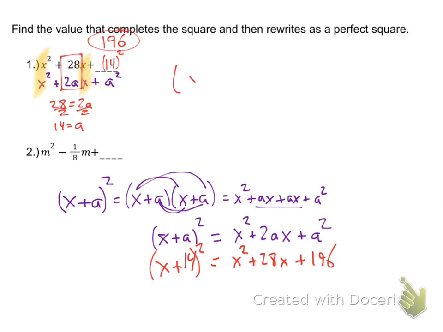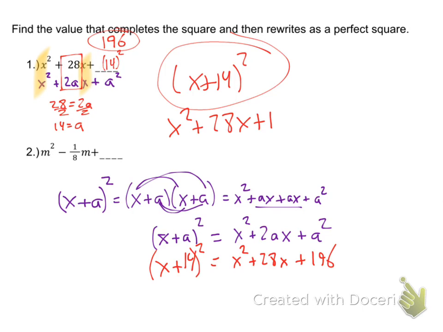And so x plus 14 squared is the perfect square, while x squared plus 28x plus 196 is the perfect square trinomial. I completed the square, and I was able to write it as a perfect square without having to factor. The number was already there.